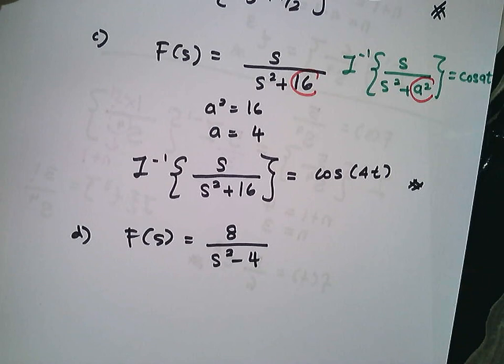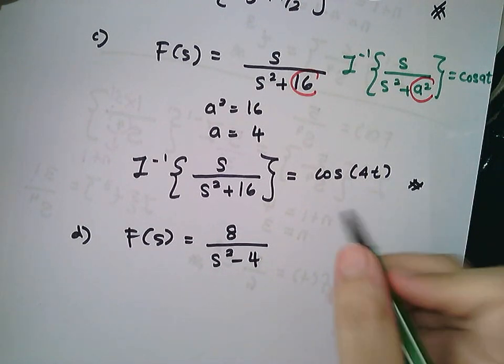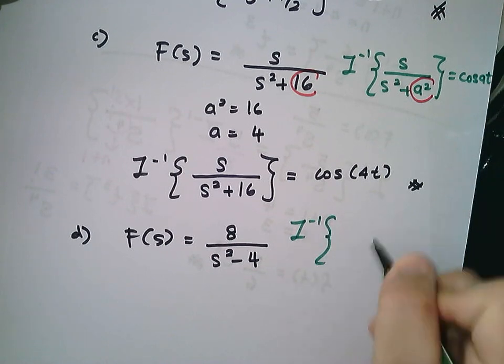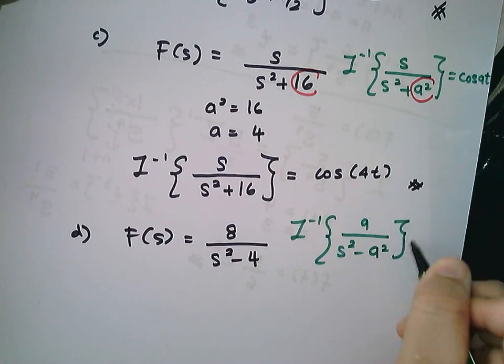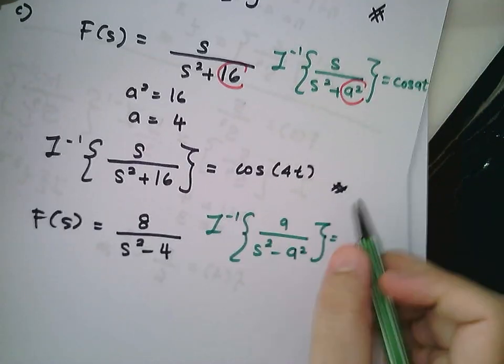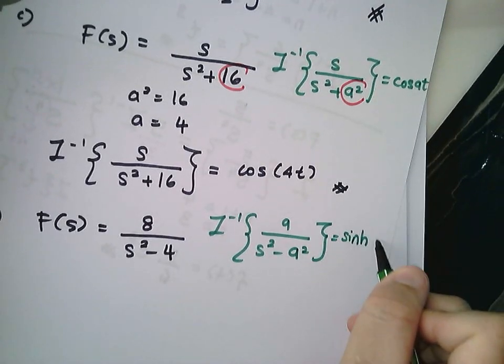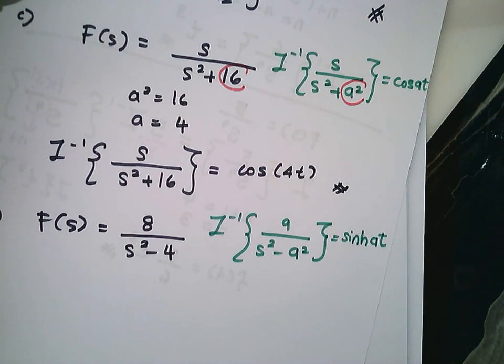Generally, you have Laplace inverse of a over s squared minus a squared is equal to sinh at. So which value of a will you choose as your a? It's either 8 or 4. The answer is this one here.